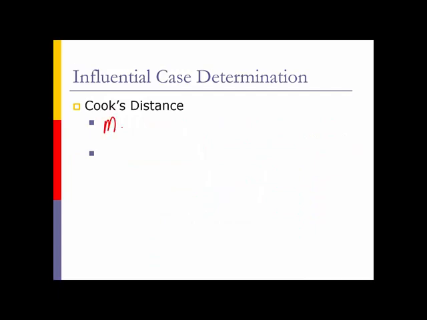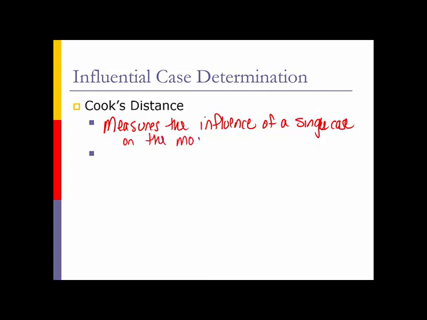Now Cook's distance is exactly what we want to know. It is measuring the influence of a single case on the entire model as a whole.